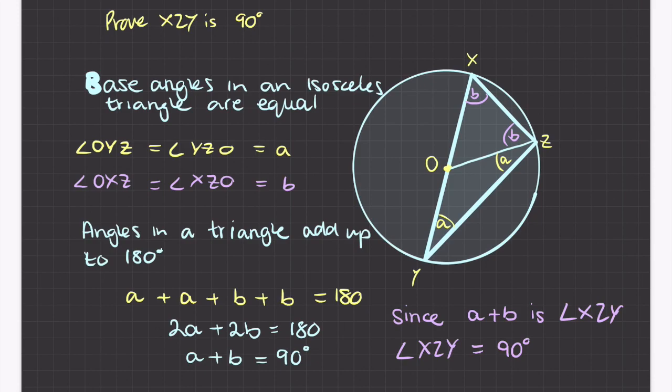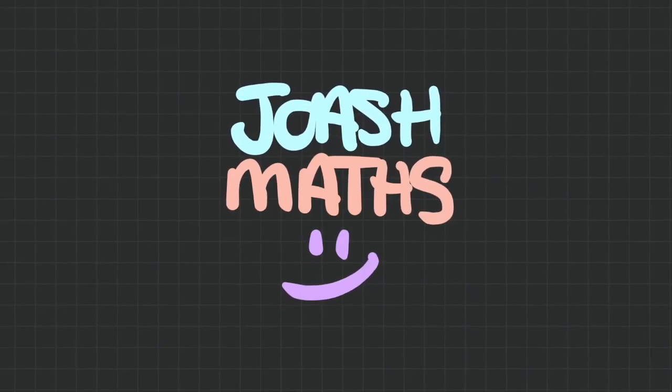For your proof, not only do you need to have your nice logical argument, but it's also really important that you summarize it and say, look, I finished, this is why what I've done has proven the result. So I've rounded it up here and said, yeah, this is it, I've done it. Joash Maths.